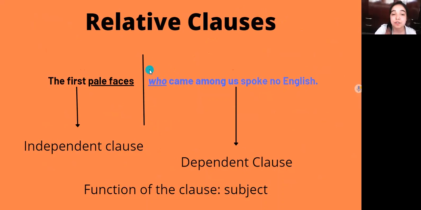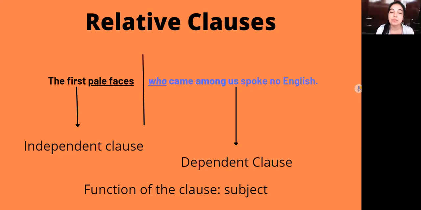Here, I make the division between independent clause and dependent clause for you to understand it easily. In the independent clause, we can identify our subject, that is "Paul's faces". And in our dependent clause, it starts with a subordinator that is also working as our subject in the dependent clause.